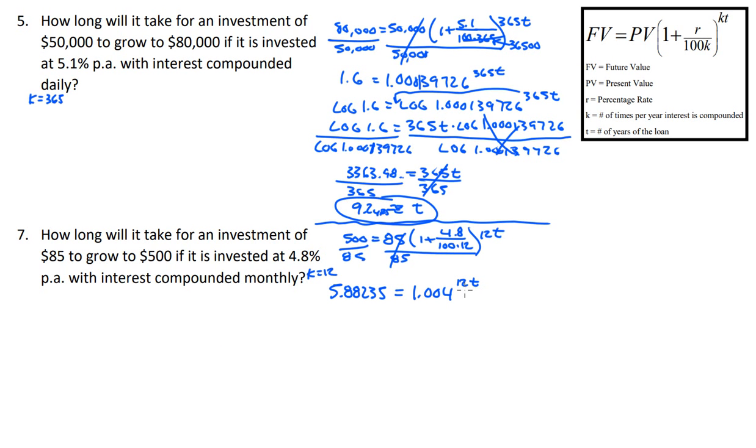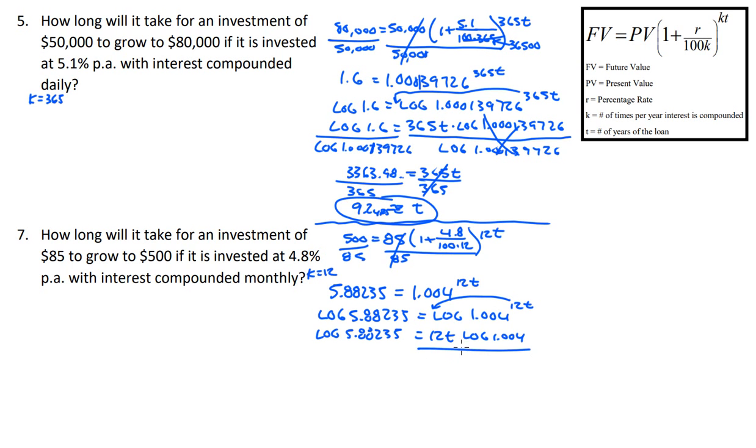So now that we've got a number equals a number to some power that's got a variable as an exponent, we're going to do log of both sides. So we're going to do log 5.88235 equals log 1.004 to the 12t. Now that we've done log, that 12t comes out front, so it's 12t log 1.004 equals log 5.88235.